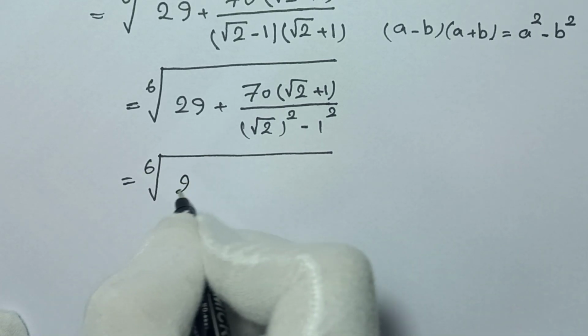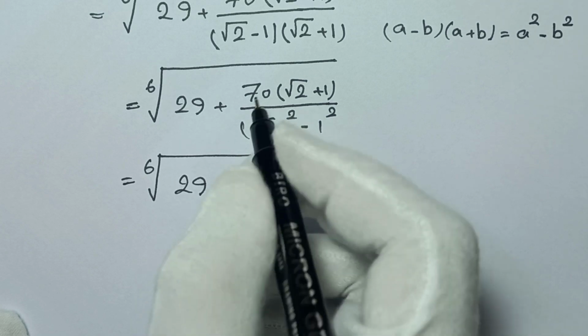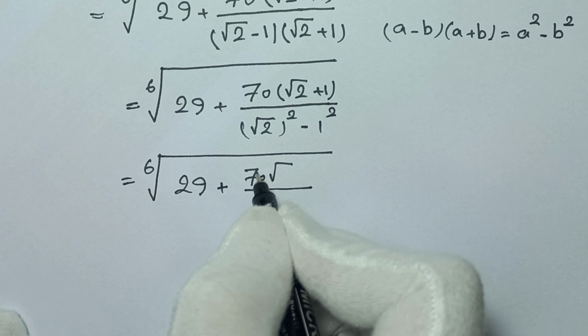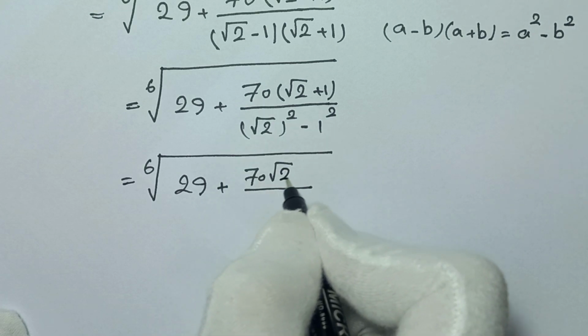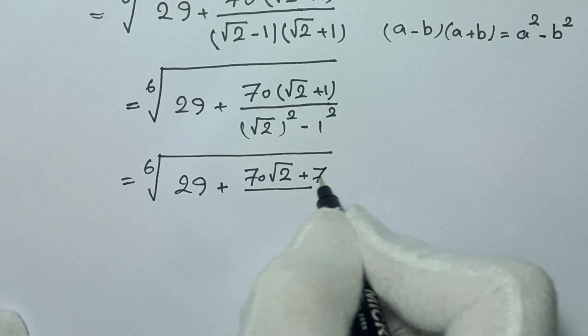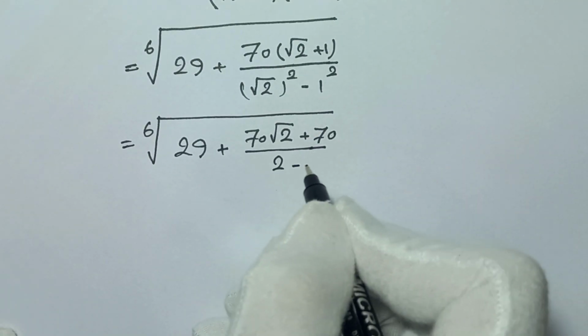6th root of 29 plus 7 times square root of 2, it will be 7 square root of 2, and plus 7 times 1 is 7, right? And over in here it will be 2 minus 1.